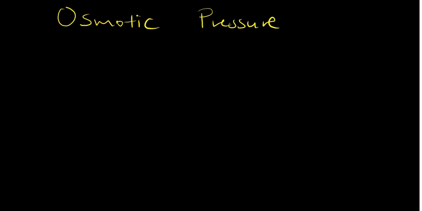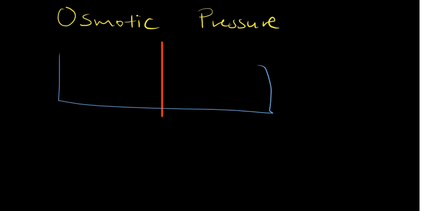Now the last thing we are discussing under the colligative properties is osmotic pressure. Usually osmosis involves a permeable membrane that allows the movement of water from a less concentrated side to the side where it is more concentrated.